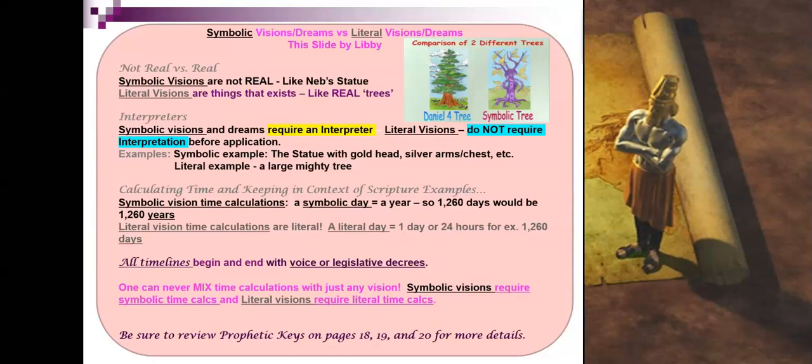And that's why Daniel prayed to get the answer to what that dream was and what it meant. Literal visions do not require interpretation before application because Daniel already knew what the tree meant. Okay, so those are two examples. I gave you an example of the symbolic and the literal.